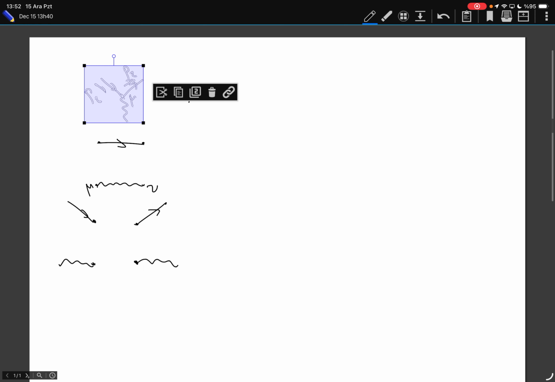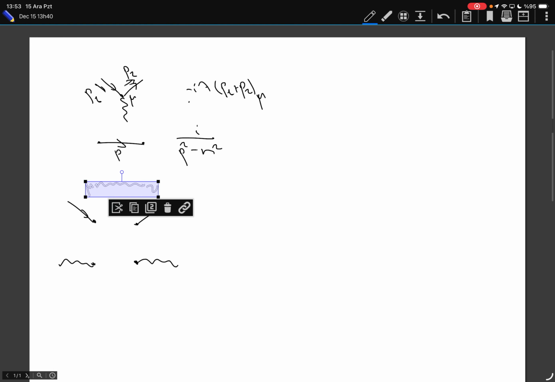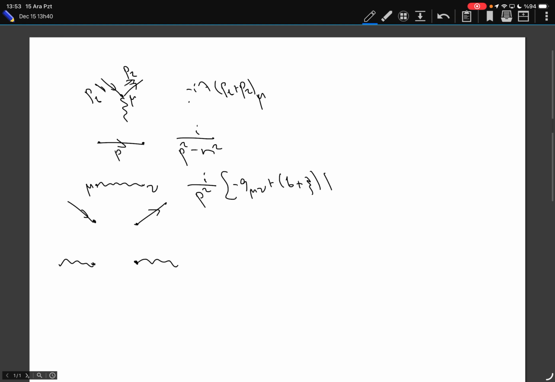This part of the jigsaw puzzle basically gives me minus i lambda (p1 plus p2)^mu. This part corresponds to i over p squared minus m squared. If you have such a piece in your jigsaw puzzle, this corresponds to i over p squared times minus g^{mu nu} plus (1 plus psi) p^mu p^nu over p squared.